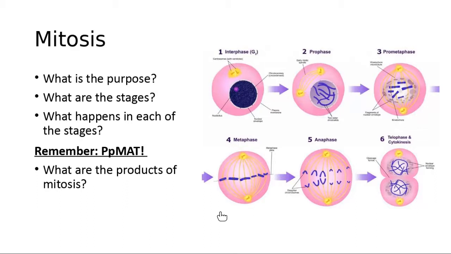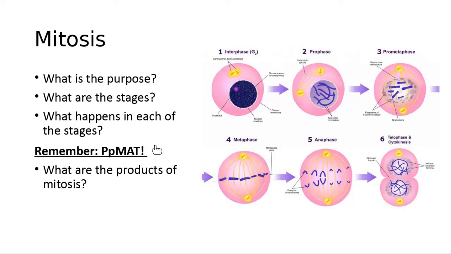And what are the stages? The stages that you need to know, of course, are prophase, prometaphase, metaphase, anaphase, and then telophase. That's why I typically remember it as PPMAT. So that helps me remember that. I hope that helps you. If it does, definitely use it.